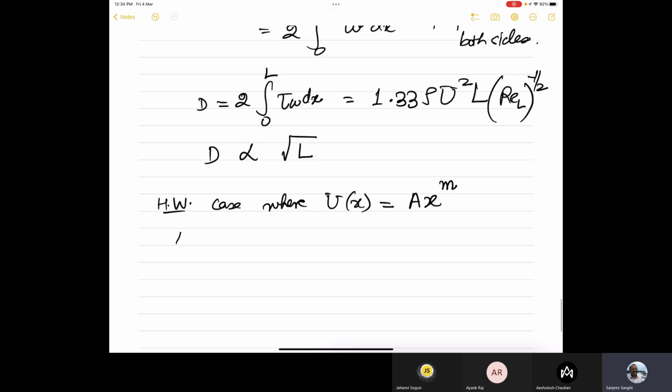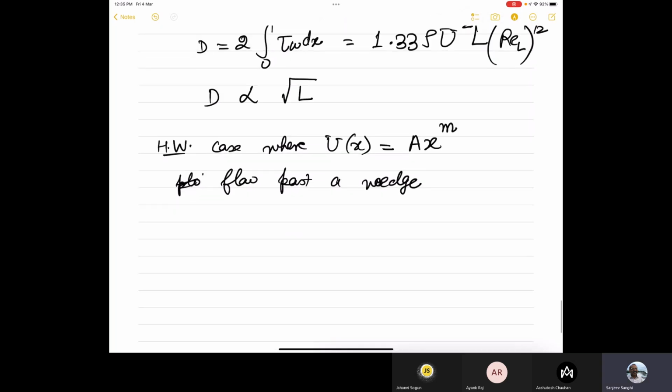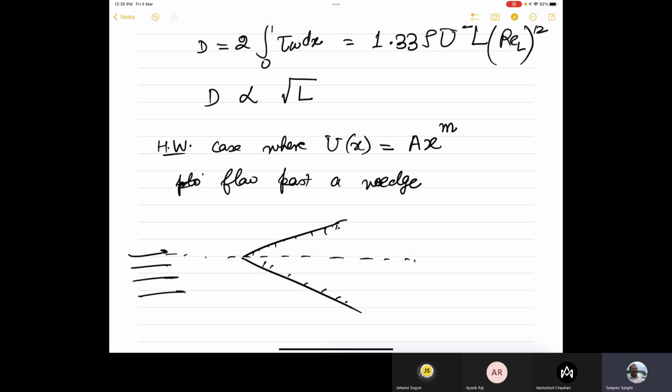This represents flow past a wedge. In this flow, when capital Ux is equal to ax to the power of m, flow will come in from infinity like this, and it represents flow past a wedge.